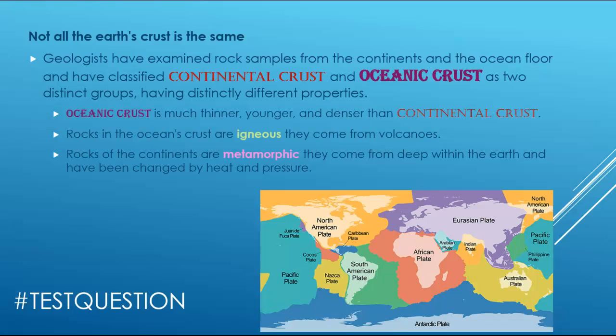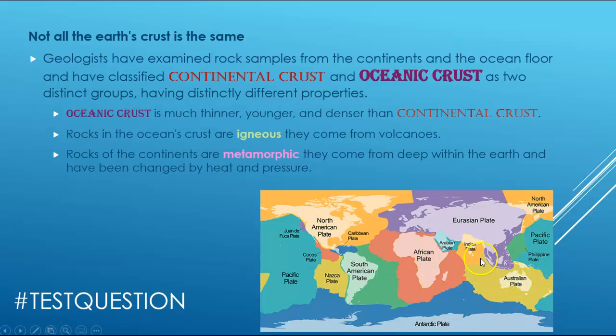Okay, another thing that we've learned through observation is that the rocks or the crust of the Earth is not the same all over. So the continental crusts, that's a continent like North America here, South America, the African continent, the Eurasian continent, which includes both Europe and Asia, the Australian continent. These continental pieces of rock are different than oceanic rock.